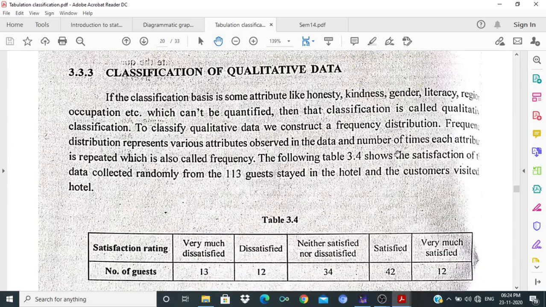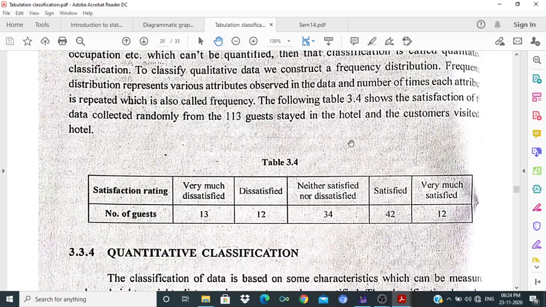Next is classification of qualitative data. Data is qualitative in form. Qualitative means it is not measured, it is compared only. Very much dissatisfied, neither satisfied nor dissatisfied, satisfied, very much satisfied. These are the stages.